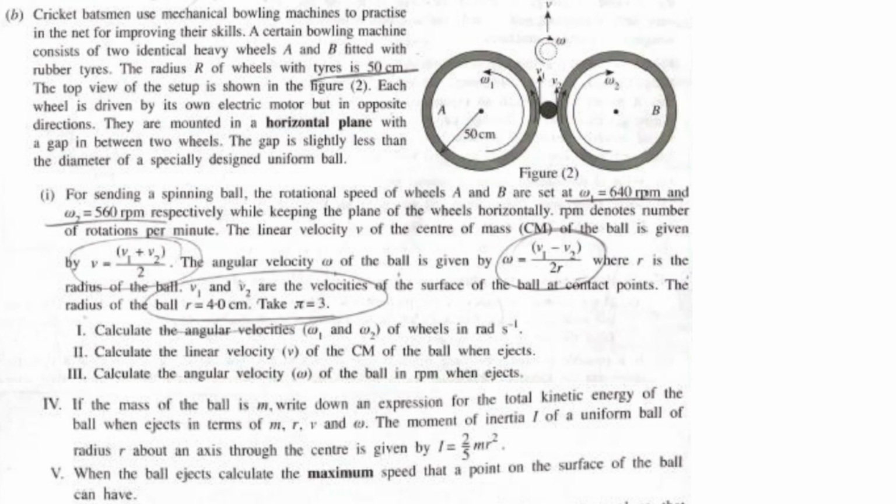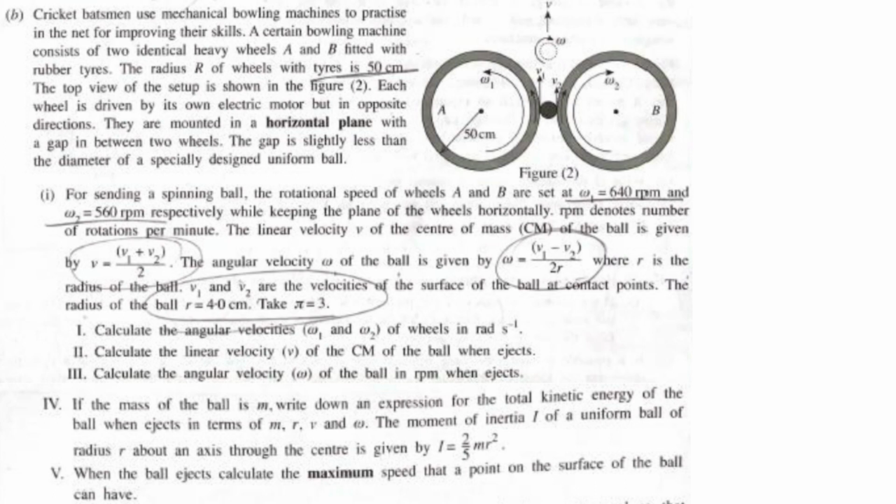Part 1. For sending a spinning ball, the rotational speeds of wheel A and B are set omega 1 640 rpm and omega 2 560 rpm respectively, while keeping the plane of the wheel horizontal. RPM denotes number of rotations per minute.